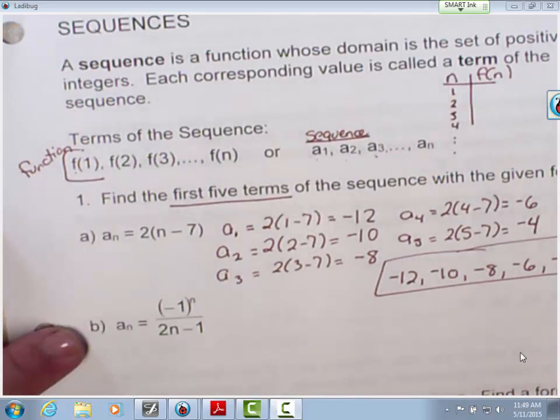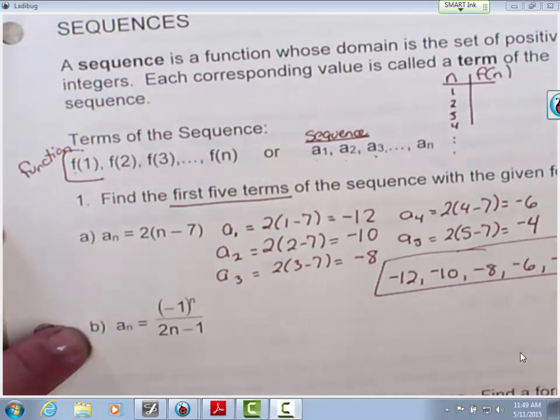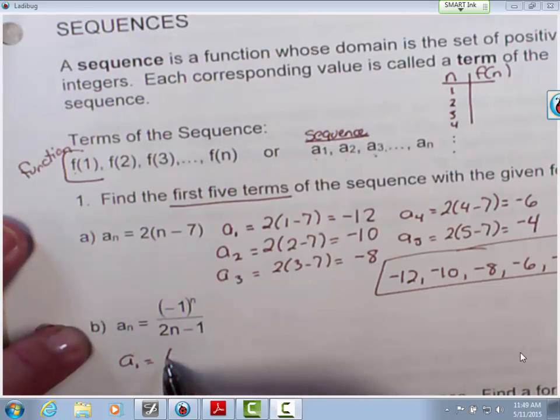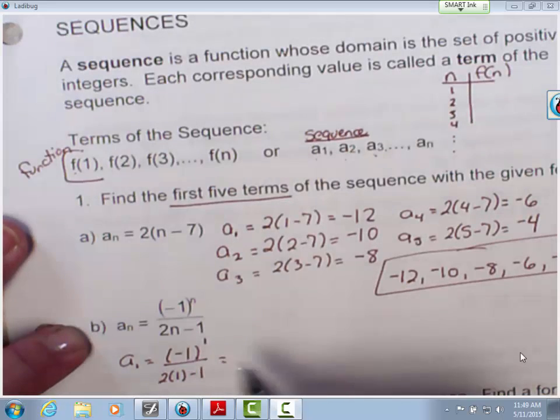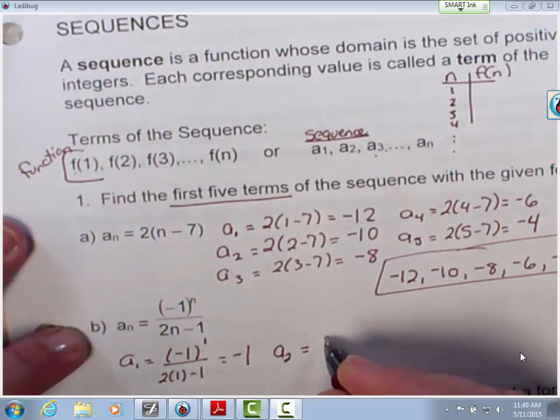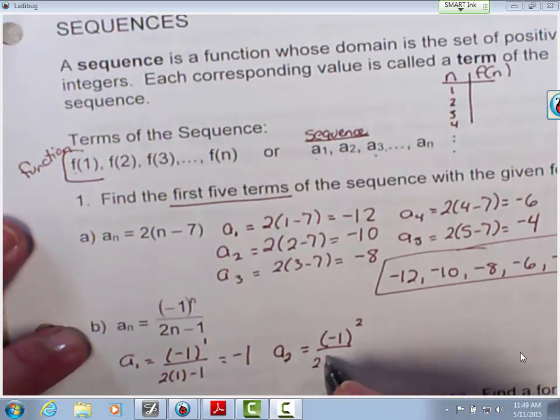Okay. B, same thing. We're finding the first 5 terms, so we replace n with 1 in all the places that we have an n. Okay. We do that arithmetic and we get negative 1. And we would do A sub 2, replacing n each time with the number 2.